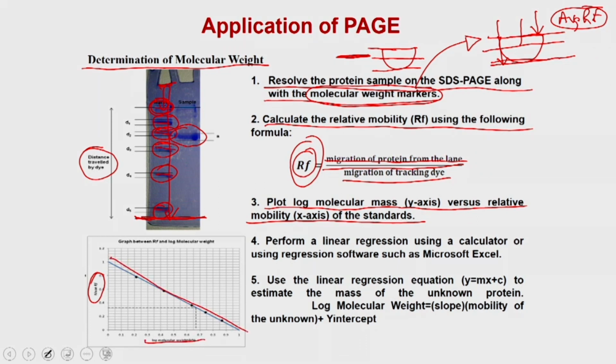Then you use the linear regression equation to estimate the mass of the unknown protein. So you know the RF value of your own protein, and you can use that to calculate its molecular weight. So you can use the RF value of your unknown sample to calculate the molecular weight.